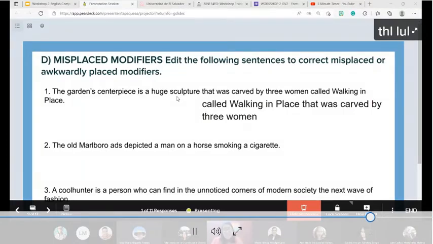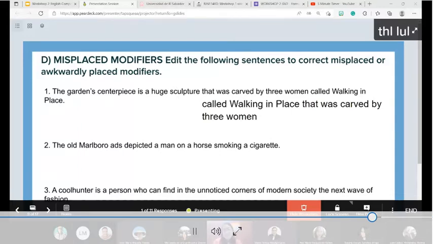Yeah, the man is the one that is smoking, right? It is difficult to see a horse smoking. Exactly, that's what you have to think. That is why it's awkward.